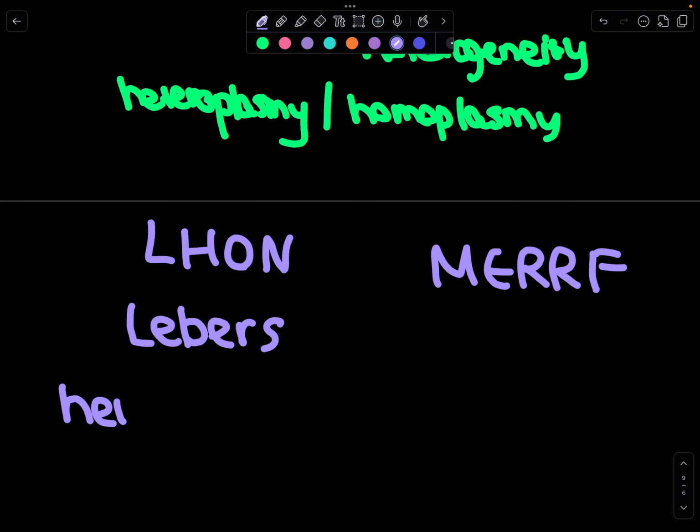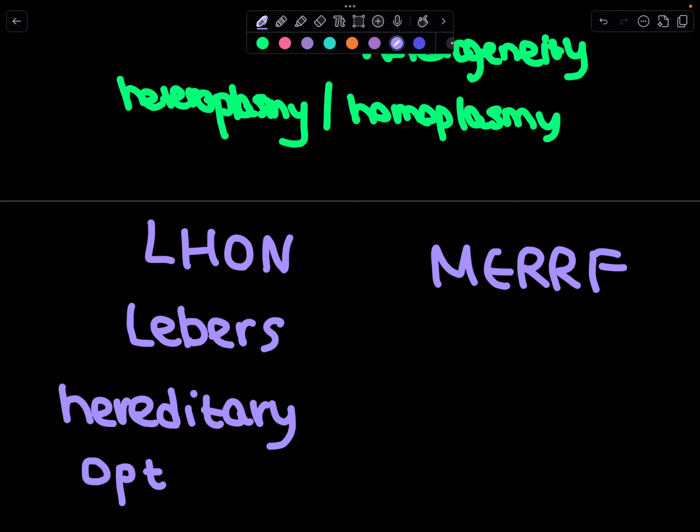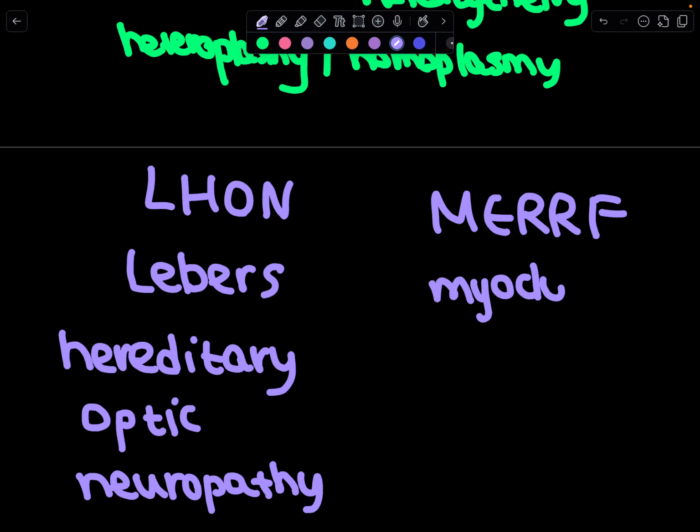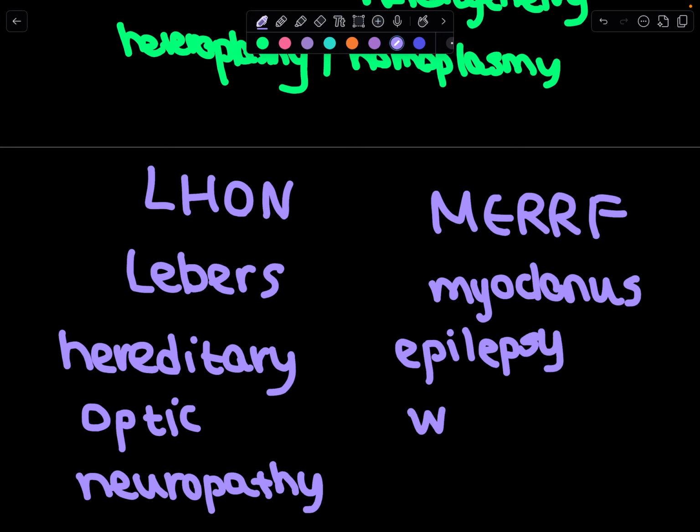LHON, linked to mutations like MT-ND4, primarily causes vision loss due to optic nerve damage, while MERRF, often from MT-TK mutations, leads to muscle jerks, seizures, and muscle fibers with abnormal mitochondria, ragged red fibers. Both show variable severity due to heteroplasmy, with high-energy tissues like eyes and muscles most affected. Want to dive into their symptoms or treatments?